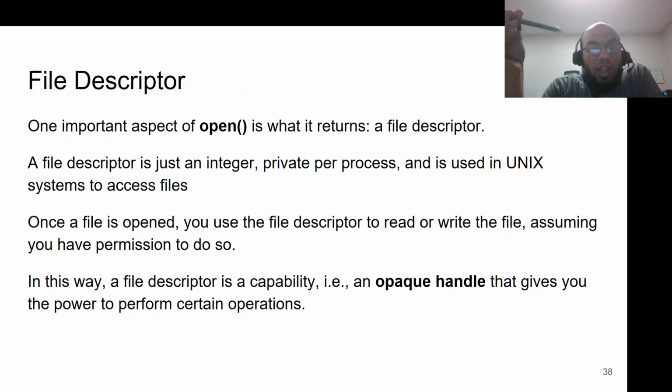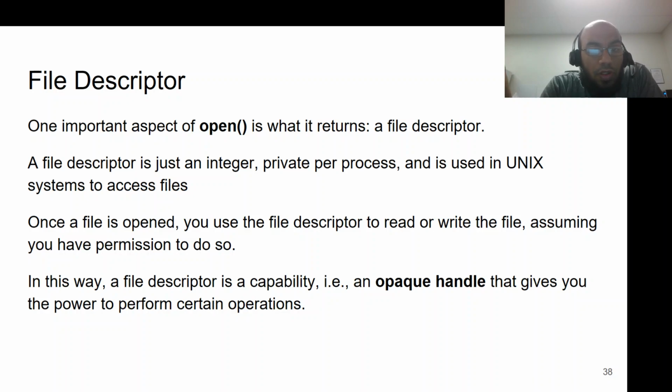One important aspect of open is what it returns. It returns a file descriptor. A file descriptor, as we already discussed, is just an integer. It's private, and is used in Unix systems to access files. So a file descriptor is just something that points to the file.